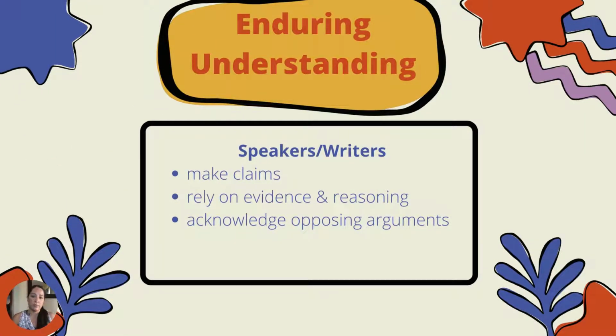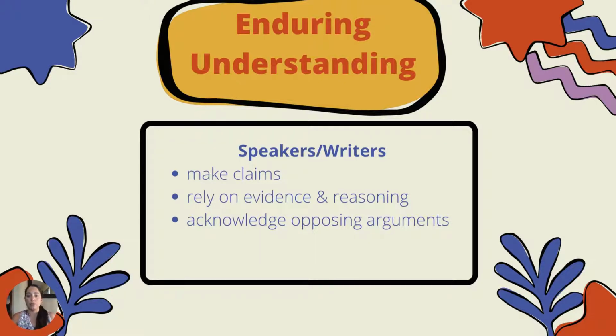Of course, the speaker is communicating because there is a subject he or she or they want to address. So what we need to understand is that speakers and writers make claims about subjects, rely on evidence to support the reasoning and justify the claim, and they often acknowledge or respond to other possibly opposing arguments.